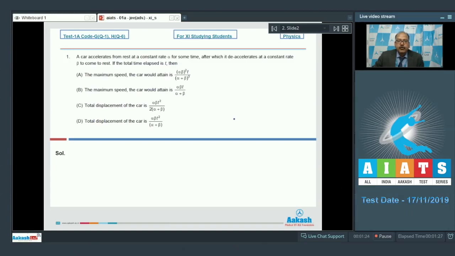Well, it's a question from Kinematics, motion in a straight line with uniform acceleration. Now, to get the situation clear, we can try and draw a velocity time graph for this particle, and that graph will look like this. Let's say this is velocity time. It starts at t equal to 0.